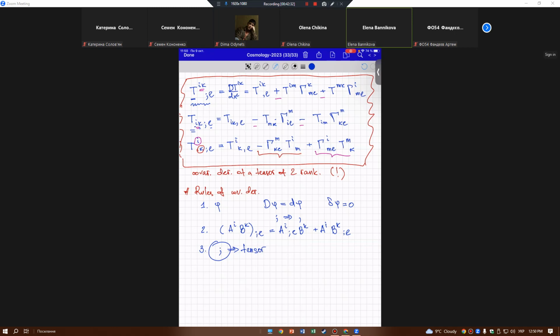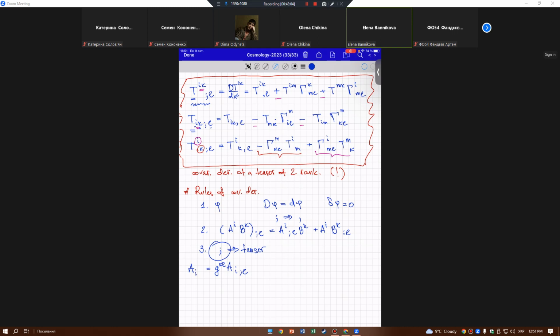So it means that if we have, for example, A_i,L, on an example of a first rank tensor, if I apply the symmetric tensor g^KL, finally I will obtain A_i,L.